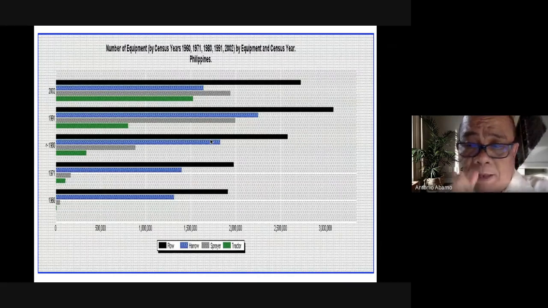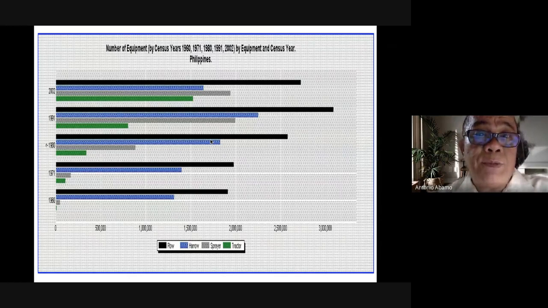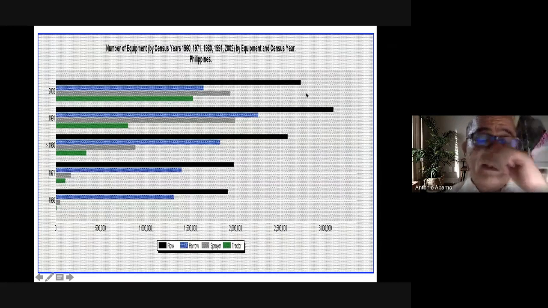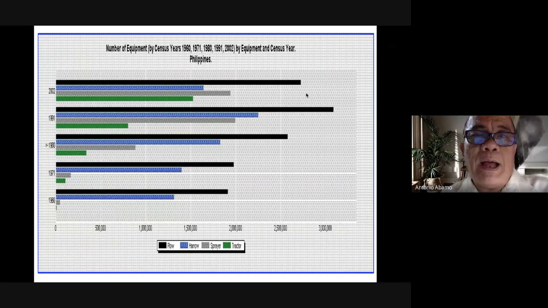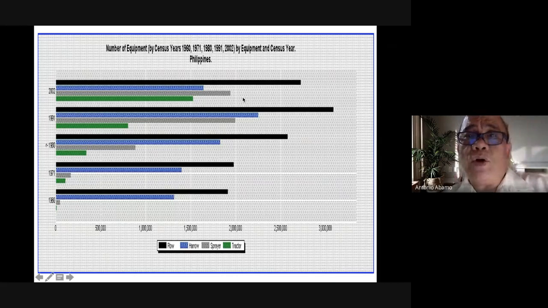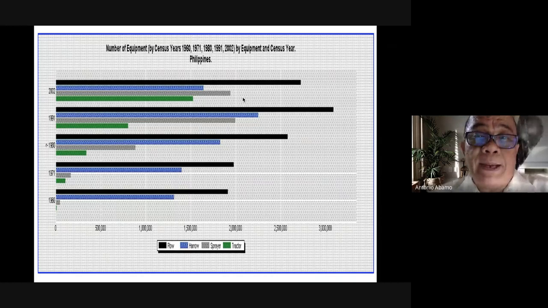Although it needs updating because it is more than 10 years old already, we can already have the needed conclusion in terms of what is happening with our farm machinery industry.